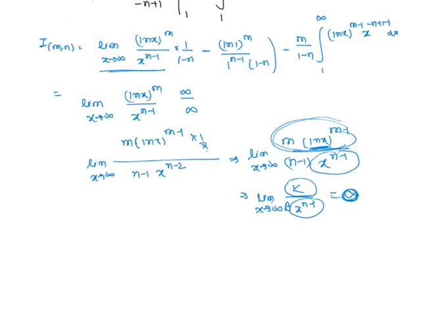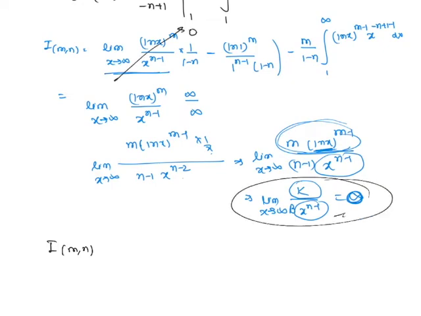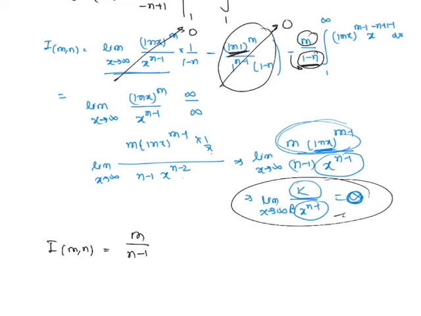Okay, so from here we can say I(m, n), this boundary term will come as 0, because this value is coming as 0, and ln 1 is 0, so this will also come as 0. Here we see m upon (n-1), so we can take this inside; this is minus, correct. So n-1, integration 1 to infinity (ln x)^(m-1) and x^(-n) into dx, correct.